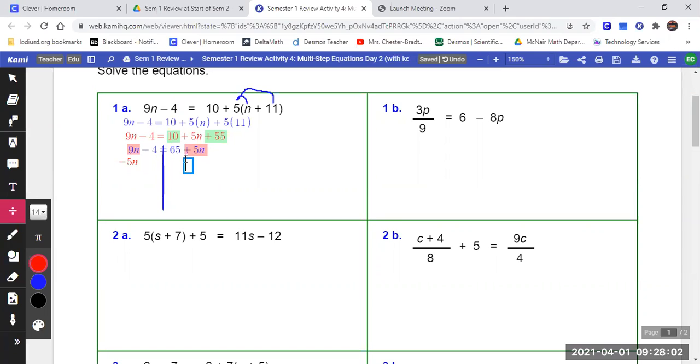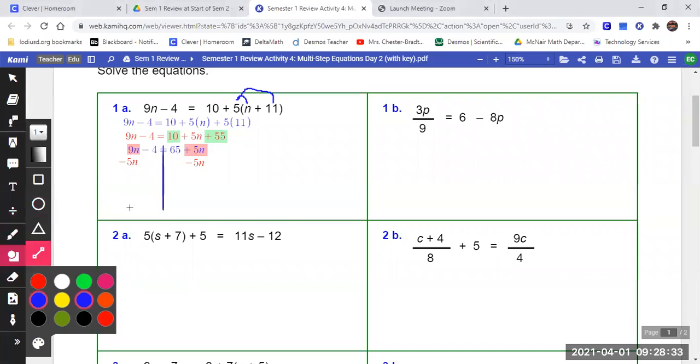And I have to subtract it from the 5n, which was the purpose because we wanted that to become 0. So that has to be subtracted from.